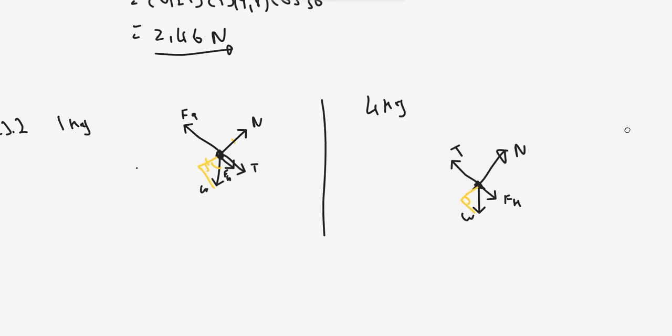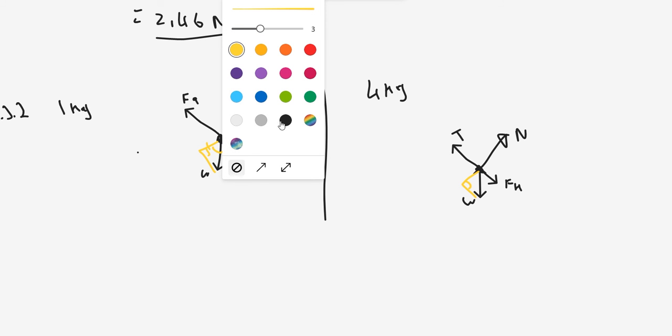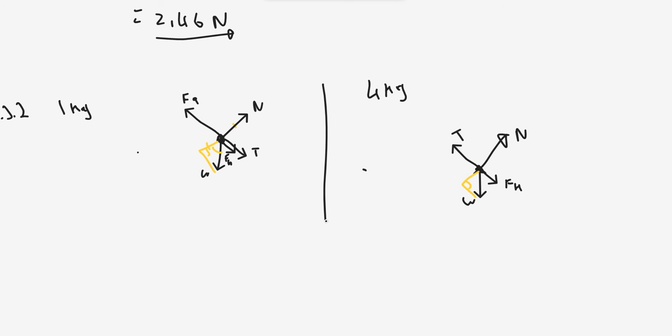We will start with the forces that are acting on the 4 kg block. And always remember, F net, or net force, is equal to MA.